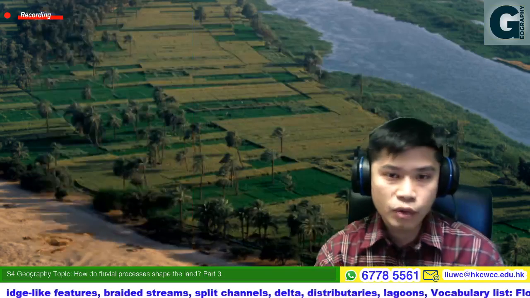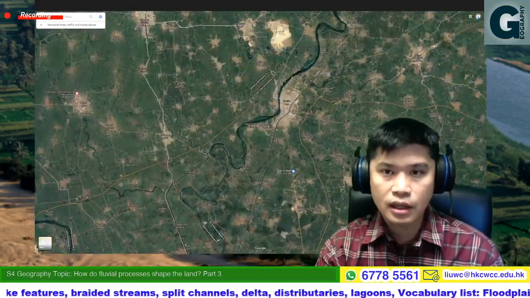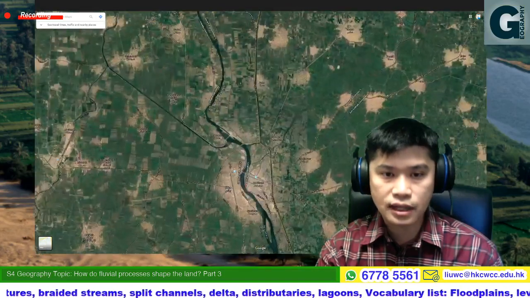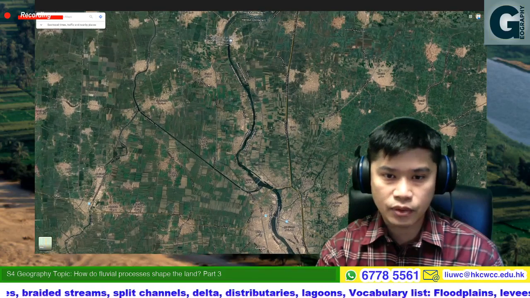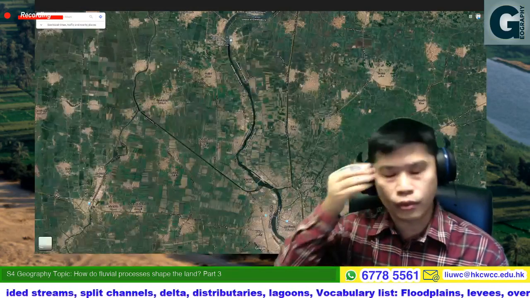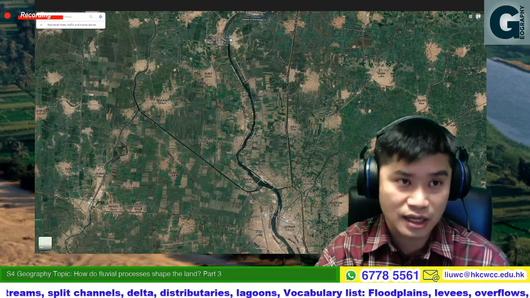So therefore, the river may split in the delta. This one, for example, you can see splits again, but this one I think would be artificial because the shape is like a straight line.